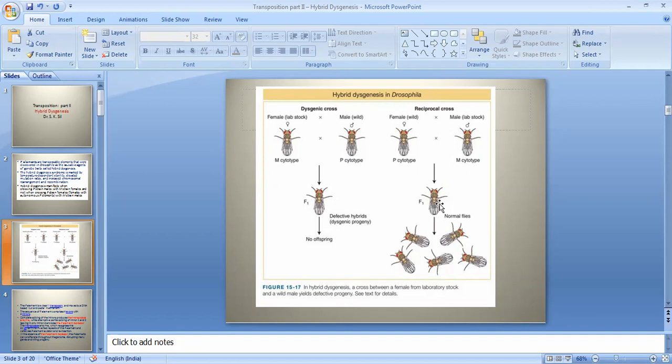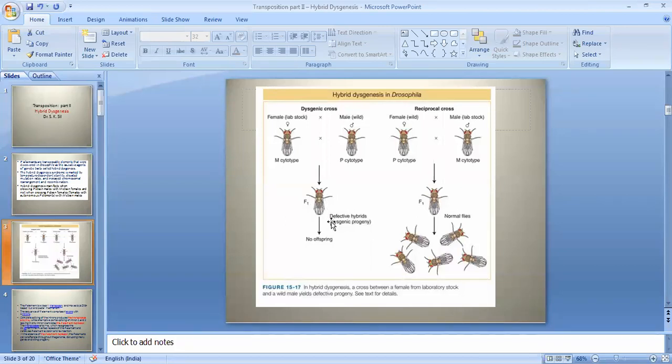So it is a normal fly. But here, the case is reverse. Here the female is M cytotype, the male is P cytotype, and when the cross occurs between them, they produce offspring. That's okay, but further it cannot produce offsprings. That is why it is called sterile progeny, and it is also known as dysgenic progeny.